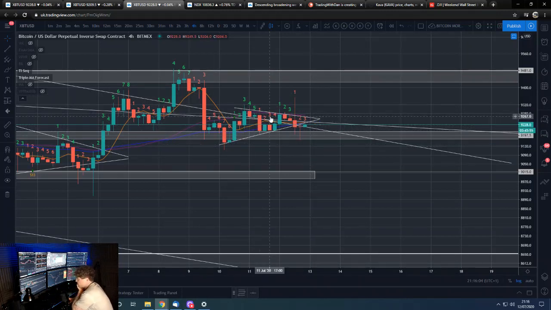Breaking out of a pennant formation is different from ascending triangles and formations that indicate a direction. An ascending triangle is an increase in buying pressure, so that wouldn't necessarily lead to a move up and a move down.